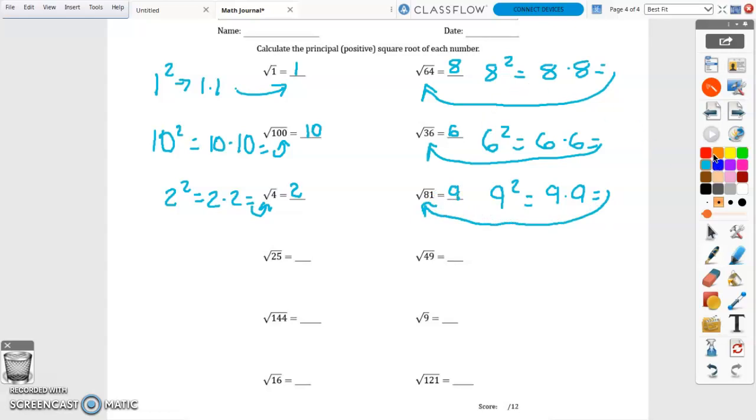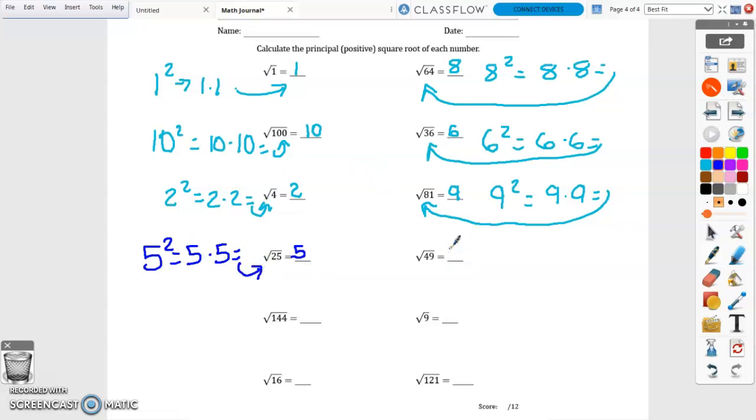Let's change colors now for the other half. I'm going to use another dark blue. So 25. Simple. 5. We have 5 squared is equal to 5 times 5, and 5 times 5 is equal to 25.